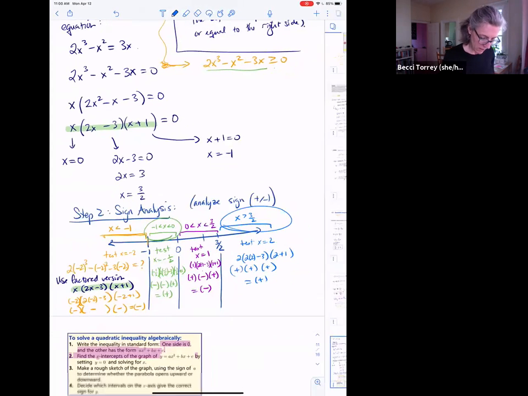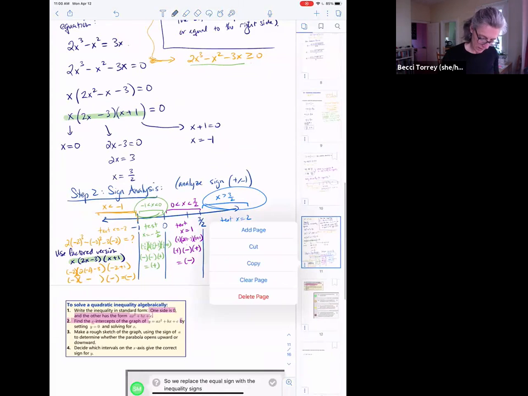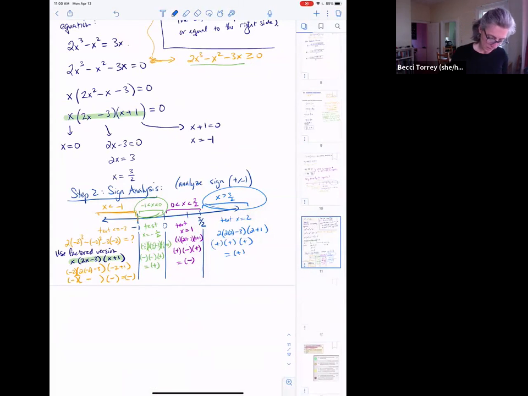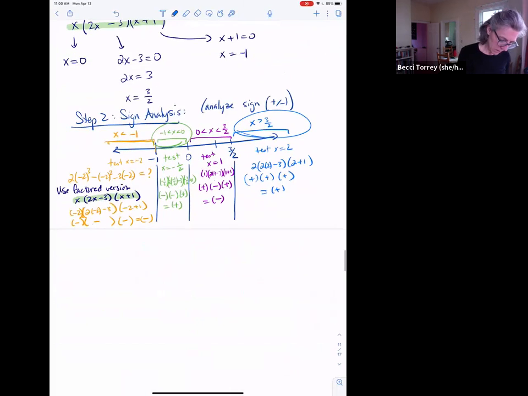And so our final solution is -1 less than x less than 0. Maybe I should really say x values, -1 less than x less than 0, and x values that are bigger than 3/2.